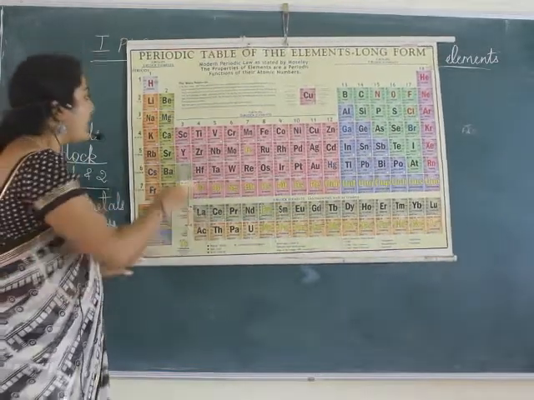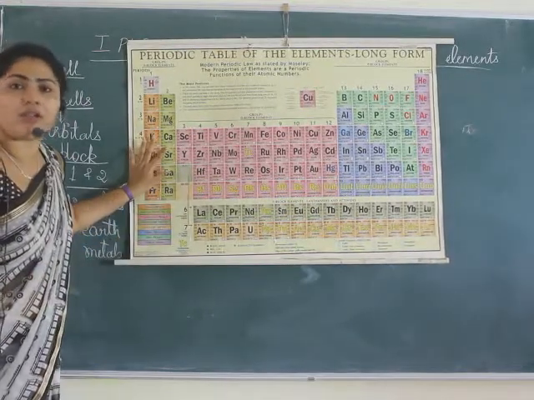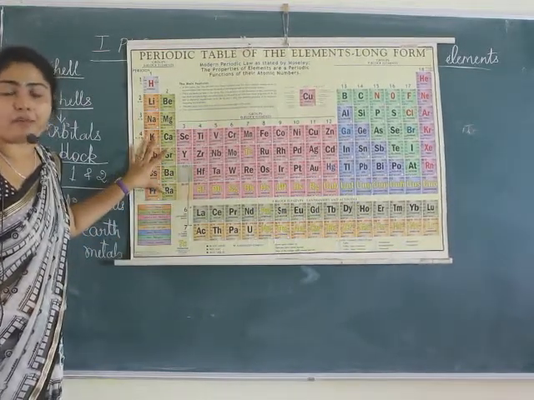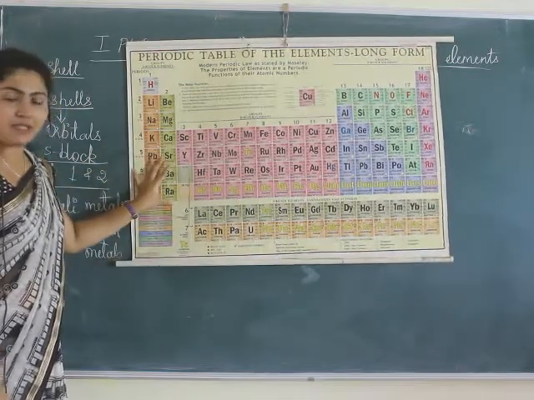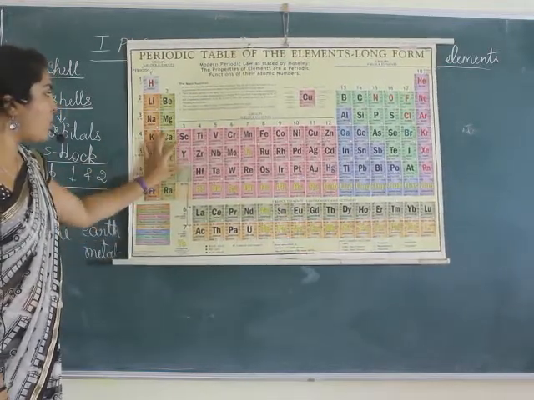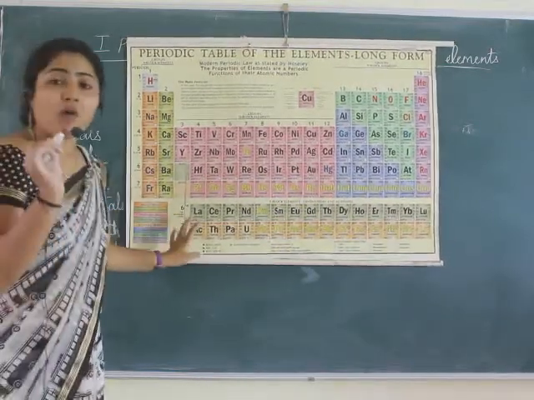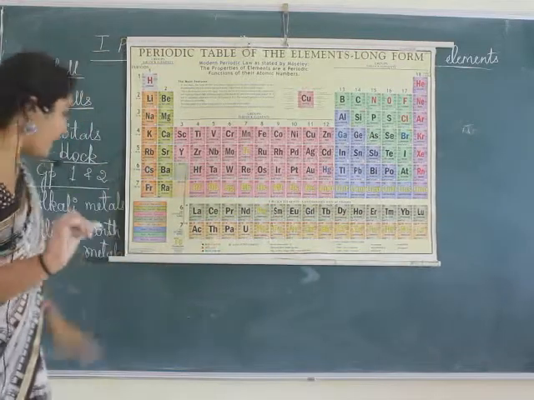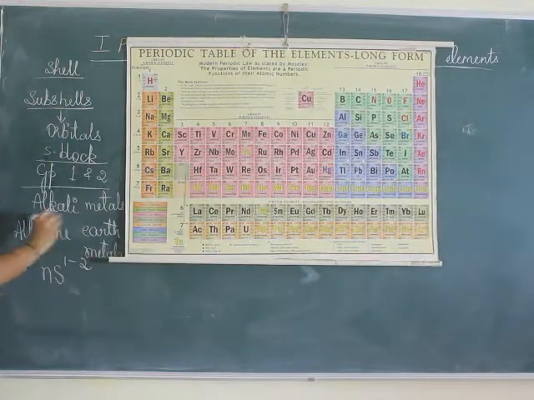And remember the outer electronic configuration of these. You have written electronic configuration for different elements, isn't it? If you observe these group 1 and group 2 elements, you can see that the outer shell electronic configuration will be ns1 to 2.